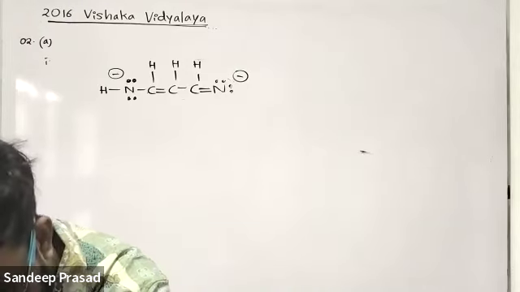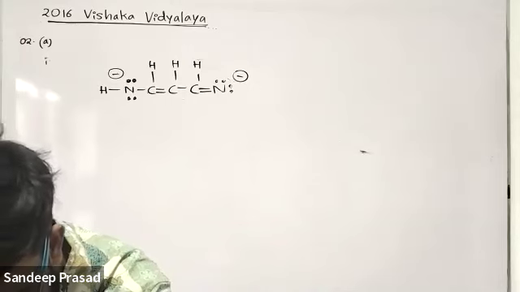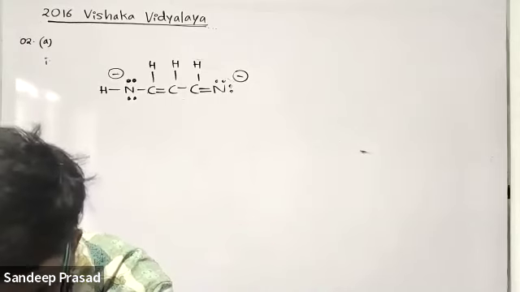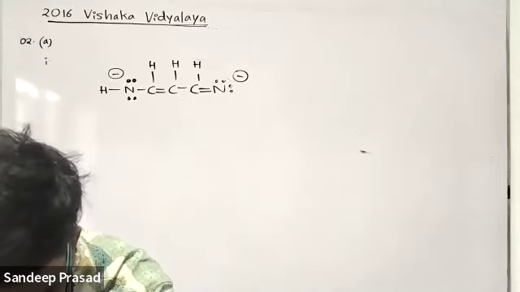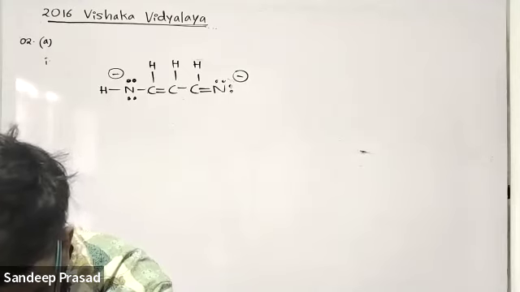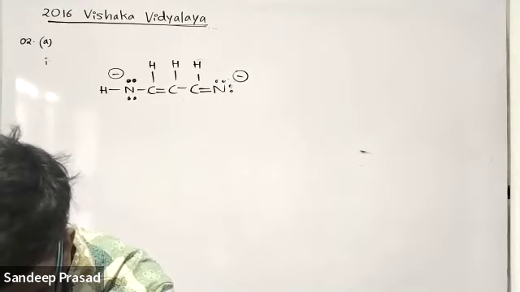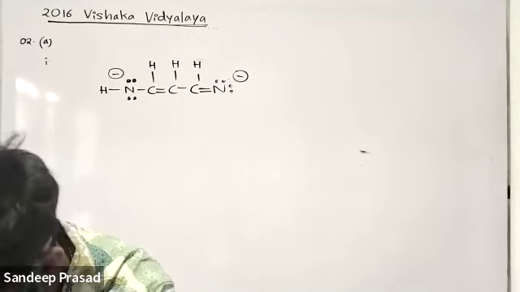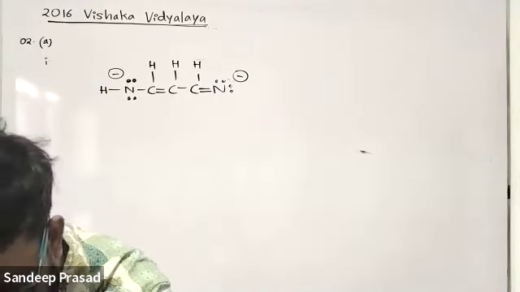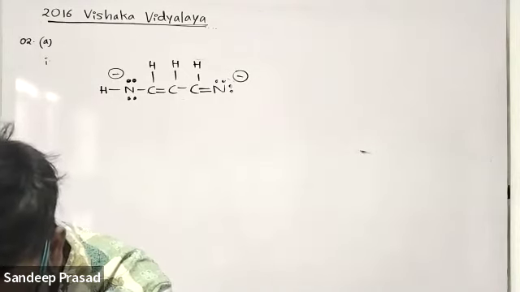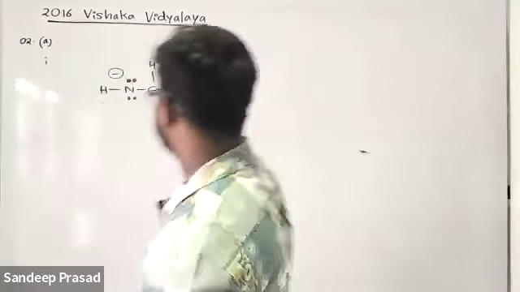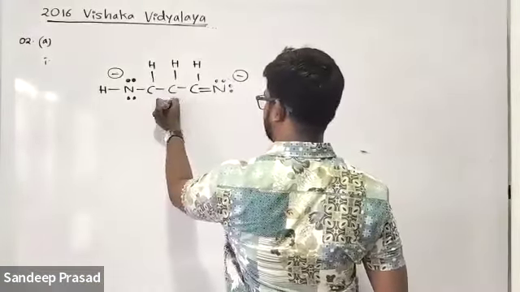If we put one lone pair on nitrogen, what will happen? Nitrogen is not satisfying the octet. Remember, all of them should satisfy the octet. No, all the carbon atoms should satisfy the octet. If we put the positive charge in this way, that is wrong.